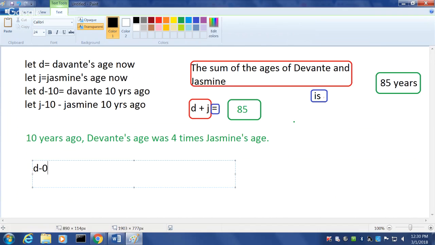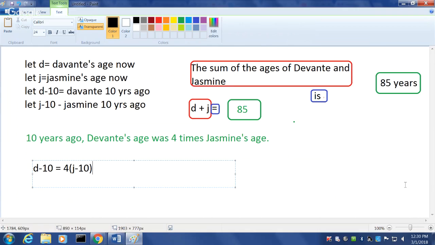So D minus 10 is 4 times J minus 10, because it's also 10 years ago that we're talking about Jasmine's age. Okay, so there's our 2 equations.